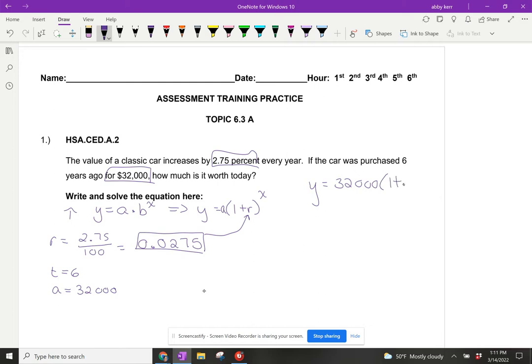So 1 plus 0.0275 raised to the x power. Now let's simplify this. We want 32,000, and then just add those two numbers together. And then instead of x, we are looking for 6 years.